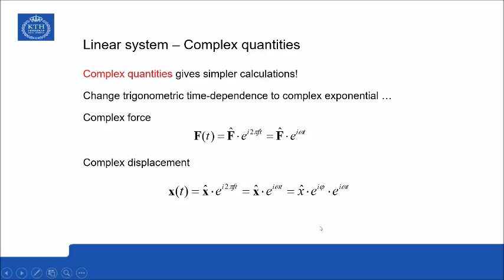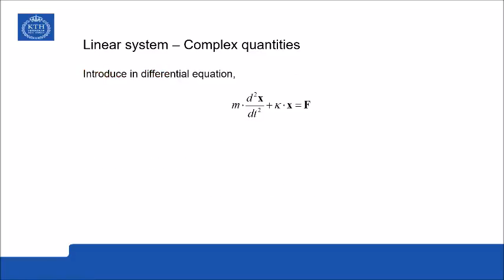To determine the complex amplitude, we introduce this into the differential equation like this, and we perform the time derivations and obtain this. And then we simply solve for x and get this expression.